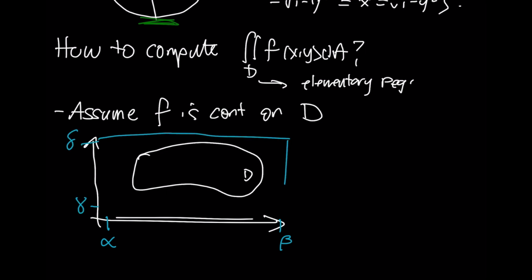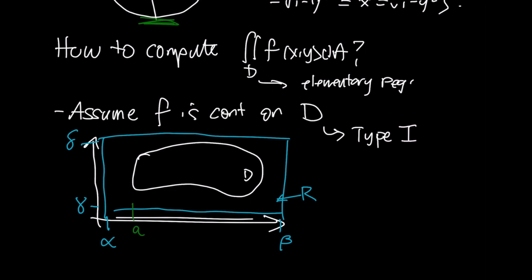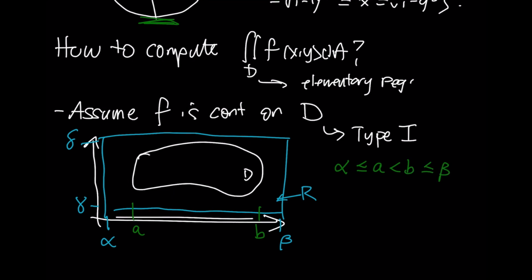This forms our region R because we have to define the extended function. We're going to assume that we can describe this as a type 1 region. This region D is trapped here between some values a and b. Alpha will be less than or equal to a, a will be strictly less than b, and b will be less than or equal to beta.